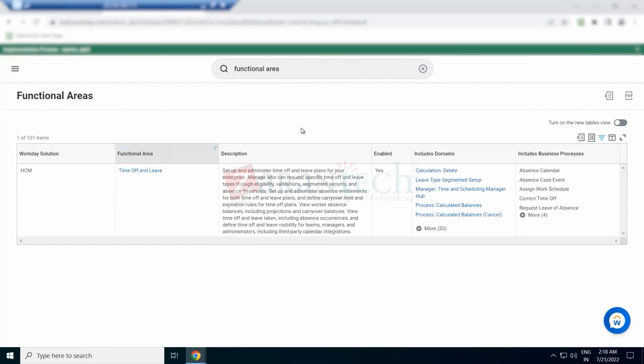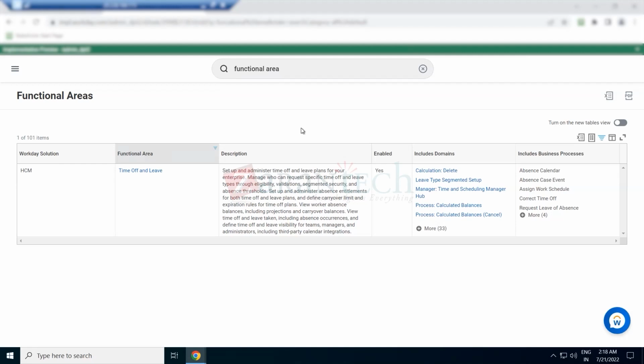The basic thing that we need to understand is that if your organization is implementing time off and leave of absence management tool in Workday, the first thing that they need to do is subscribe to the Workday solution, and the functional area would be time off and leave. That needs to be enabled. That is the basic thing.